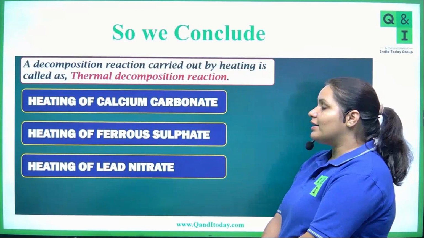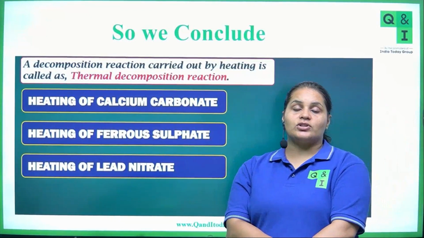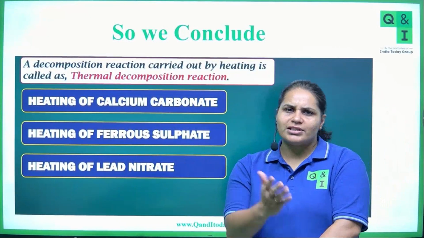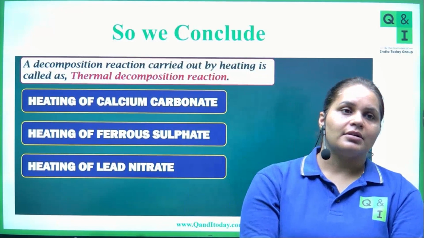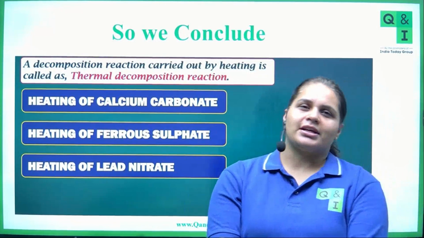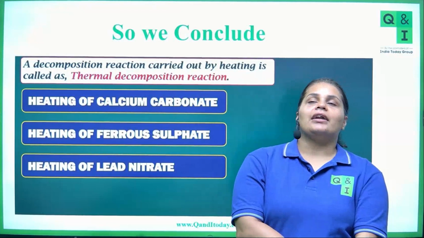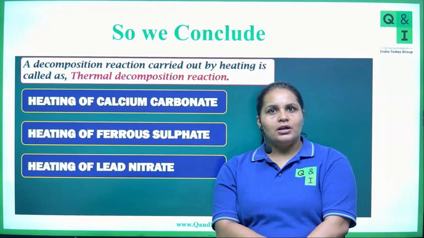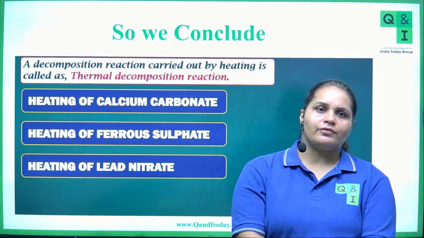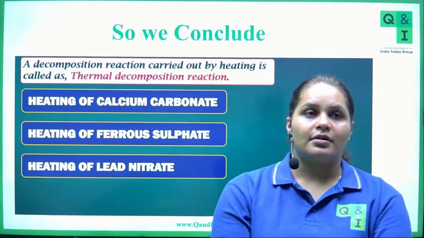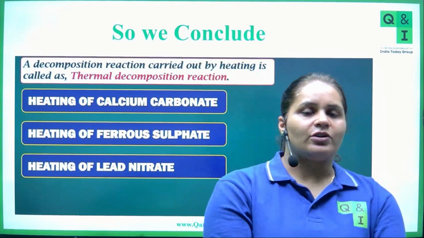Okay, then we did heating of lead nitrate. What is the color of lead nitrate crystal? White, or you can say colorless. Okay. And when you heat it, brown fumes are evolved. Those brown fumes are of? NO2, nitrogen dioxide.